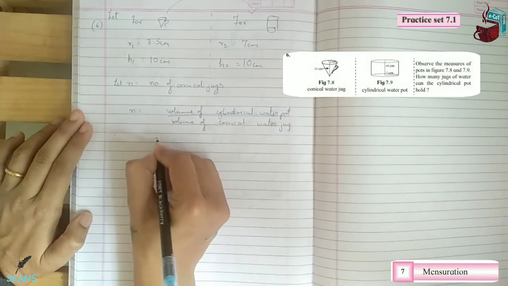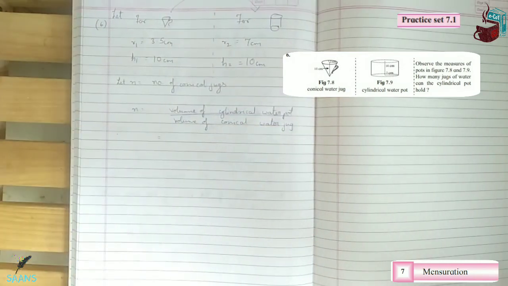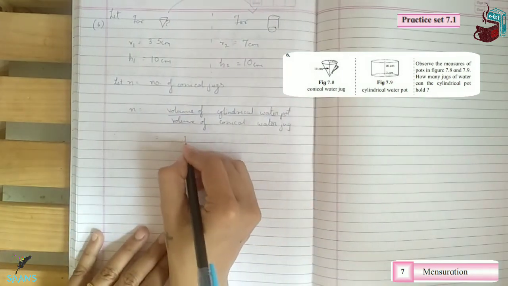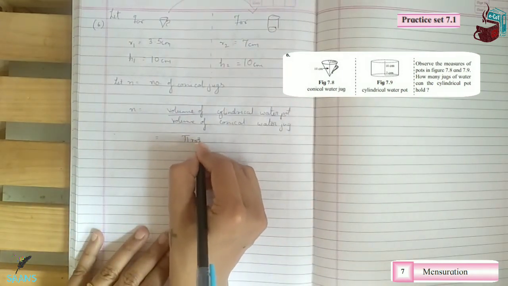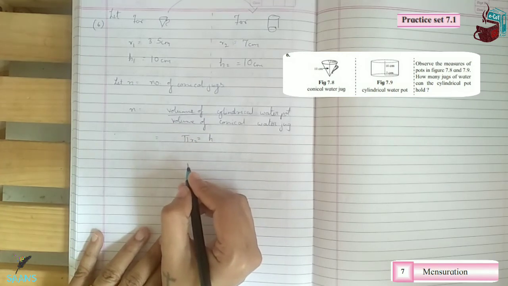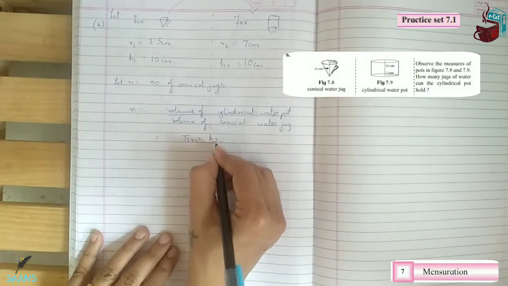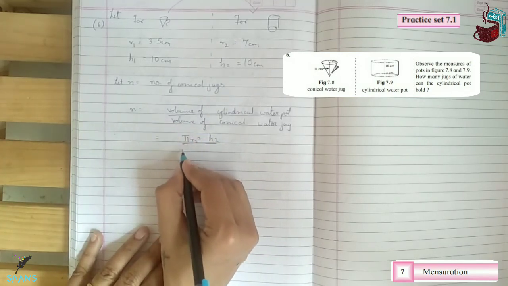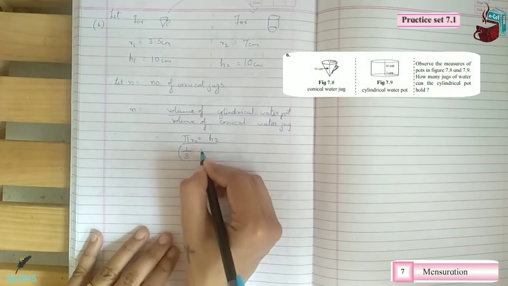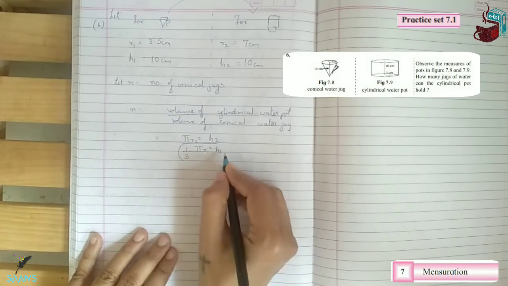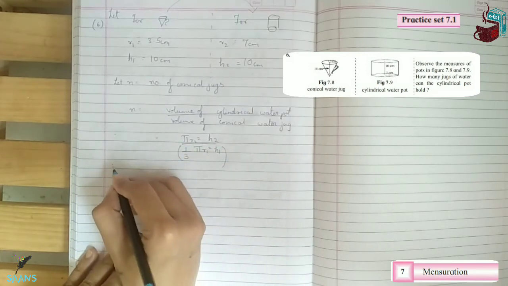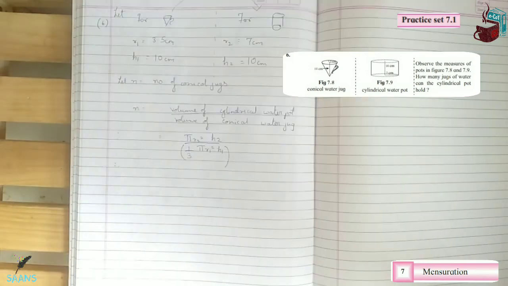Therefore, directly we do the substitution. It is pi R2 square H2 upon, now this is conical, so 1 upon 3 pi R1 square H1. 3 goes up. So this is a direct application.